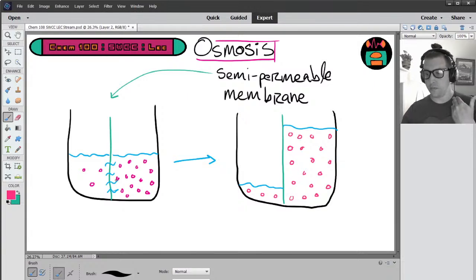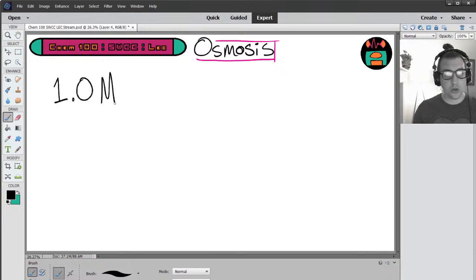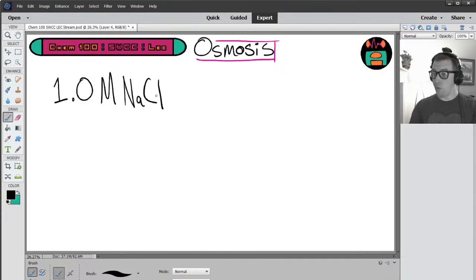So, for example, and this will tie into what we were discussing last lecture, when we talk about concentration for the process of osmosis, this will relate to the Van Hoff factor from freezing point depression, you'll see. Let's say we have a 1.0 molar solution of sodium chloride. Well, that means we have 1 mole per liter of sodium chloride molecules.